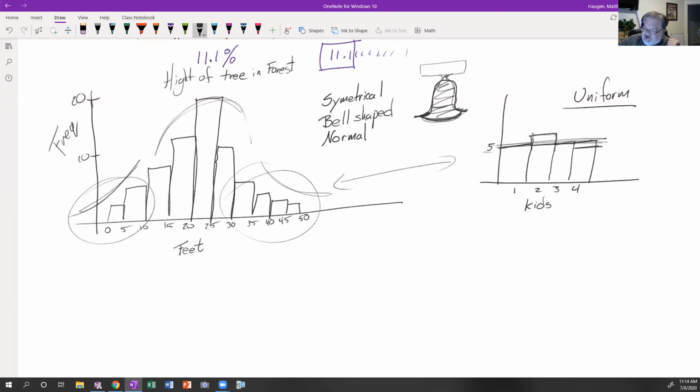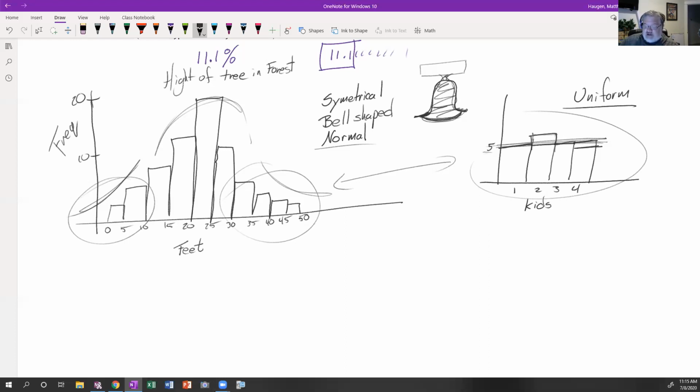We won't deal with uniform distributions all that often, mostly because they're boring. It's all the same value, and there's not much to analyze. We will deal with bell-shaped curves a lot because one of the reasons it's called normal is it happens fairly often. It's a very common shape for a distribution to have. Also, there's a lot of good analysis we can do. A lot of our tools work nicely on bell-shaped curves.